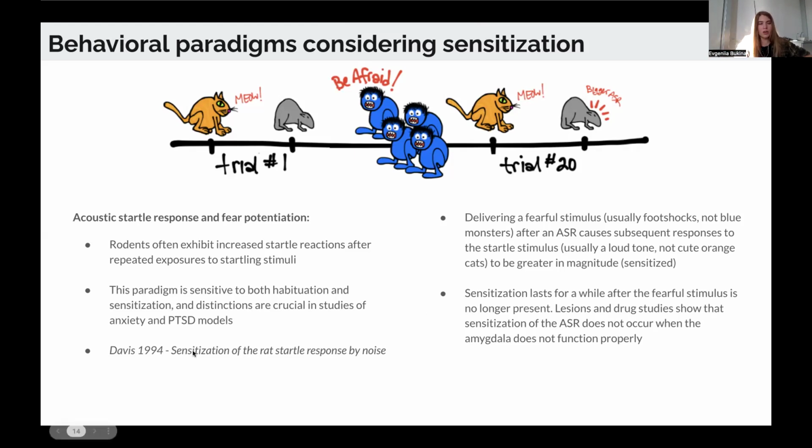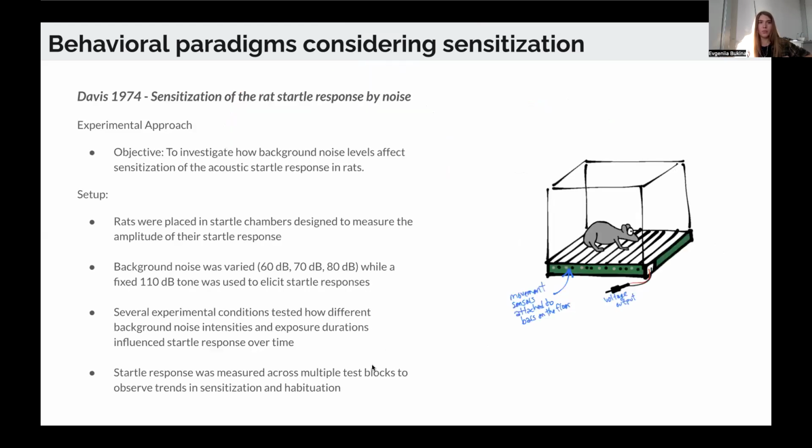And we will now briefly discuss one paper that actually studied sensitization of the startle by noise. They used the chamber that we discussed before, and I think they used rats. They placed the rat there and presented them with different background noise, for example, from 60 decibel to 80 decibel.